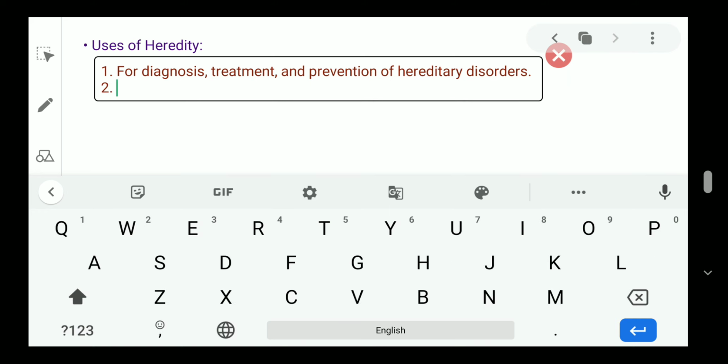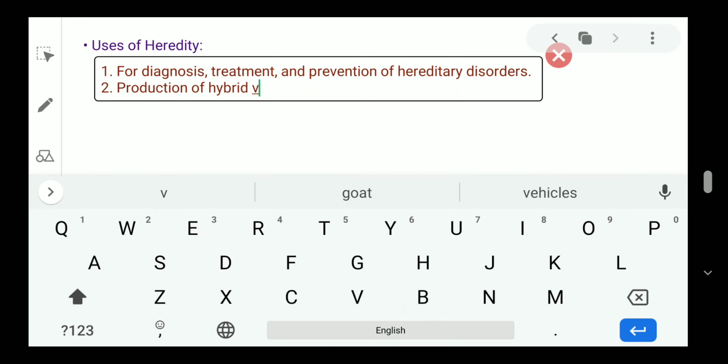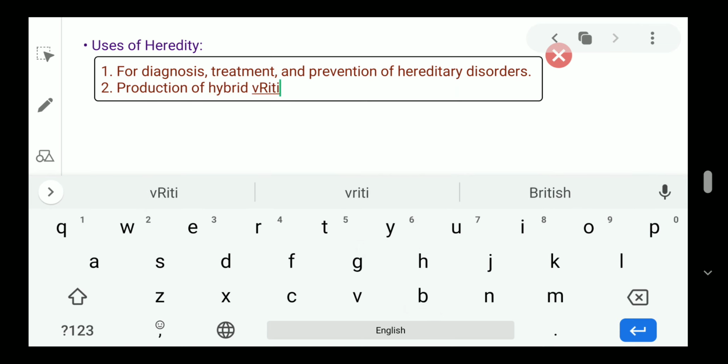For production of hybrid varieties of animals and plants.